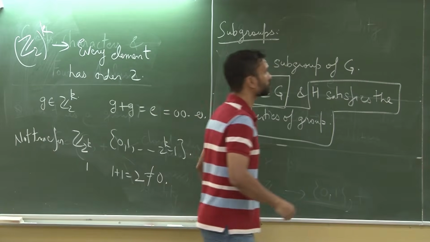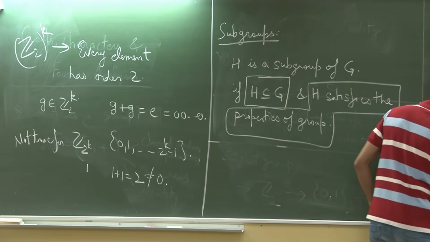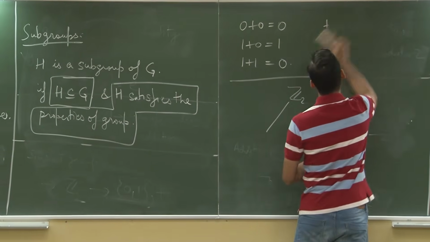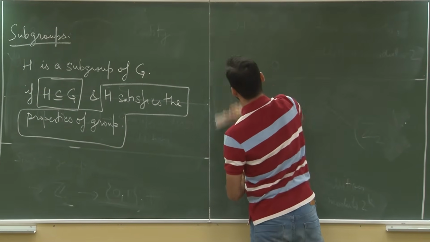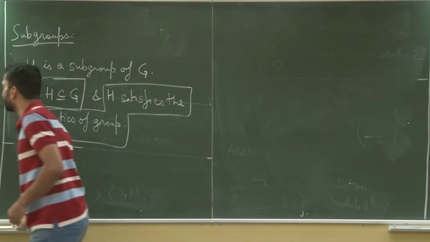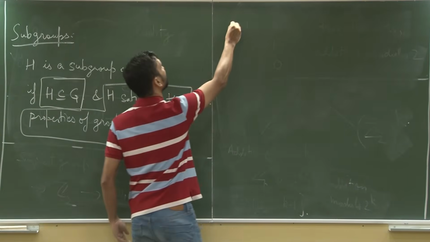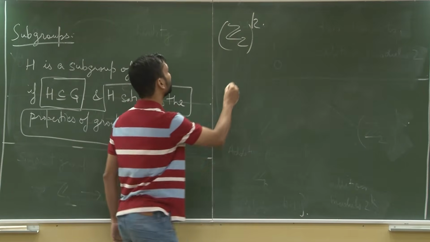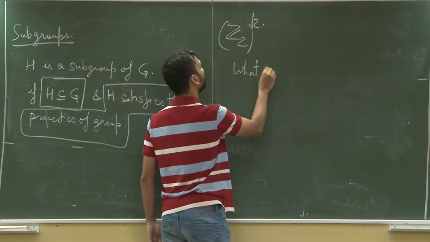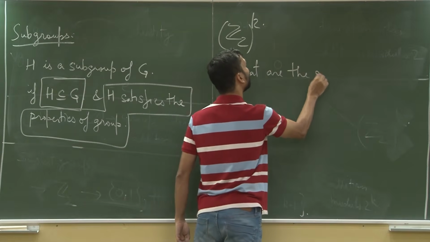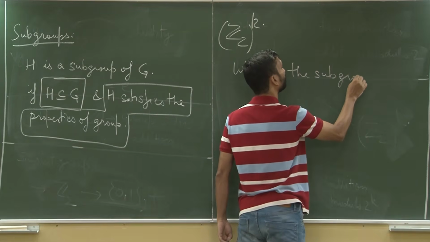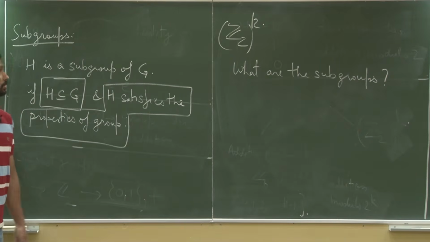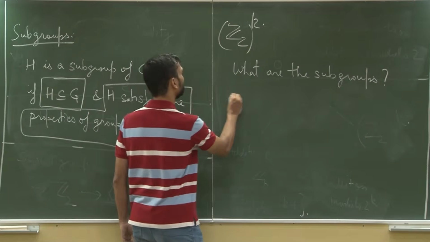And just to make you more familiar with this, let's find out different subgroups of Z2 to the power k. Then there is a trivial subgroup.